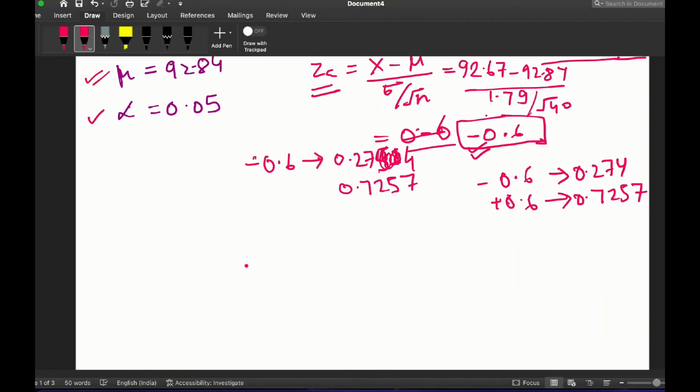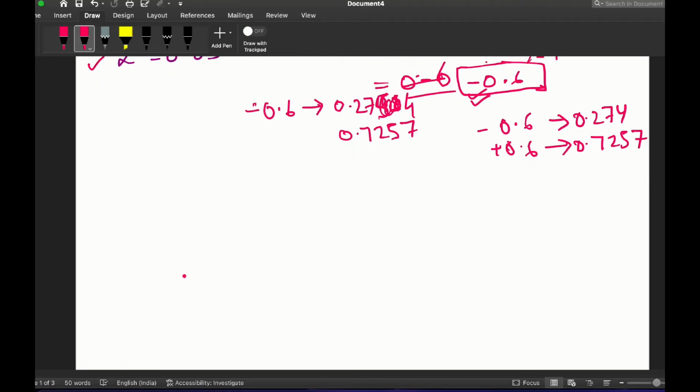Now again we will understand what these values mean. I've told you this is a normally distributed curve, and we get the area from the left. Suppose for minus 0.6, this is the middle point, so this 0.274 will be somewhere here.